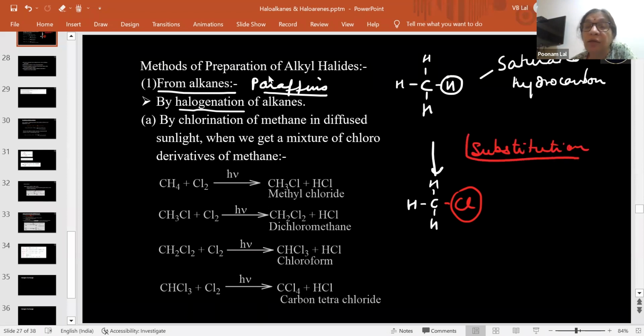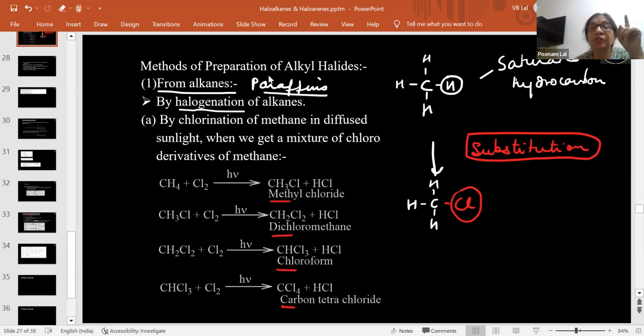So by undergoing a substitution reaction, hydrogen can be substituted with a halogen, and you can prepare alkyl halides or halogen derivatives. Monohalogen, dihalogen, trihalogen, and tetrahalogen derivatives can be prepared.